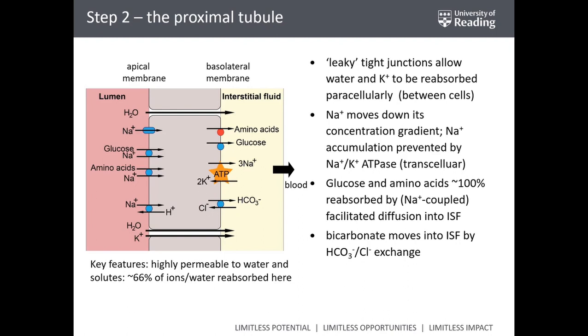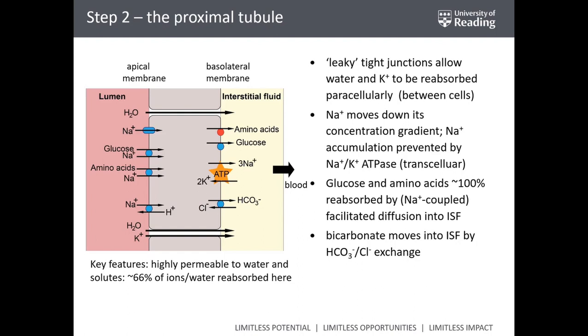As I said, glucose and amino acids are 100% reabsorbed, and this is mediated by sodium cotransporters. So the energy for the movement of glucose and amino acid is provided by the sodium gradient. While bicarbonate moves into the interstitial fluid via bicarbonate chloride exchange.